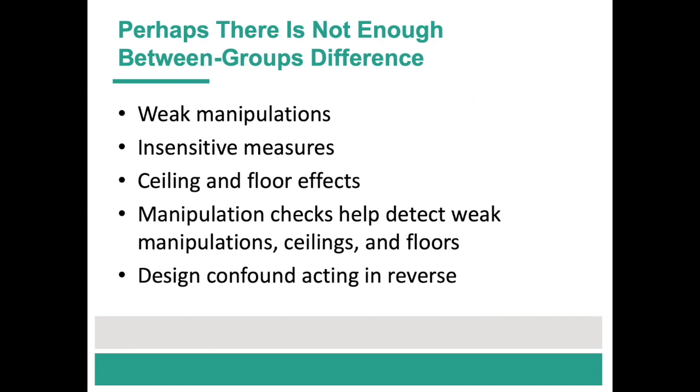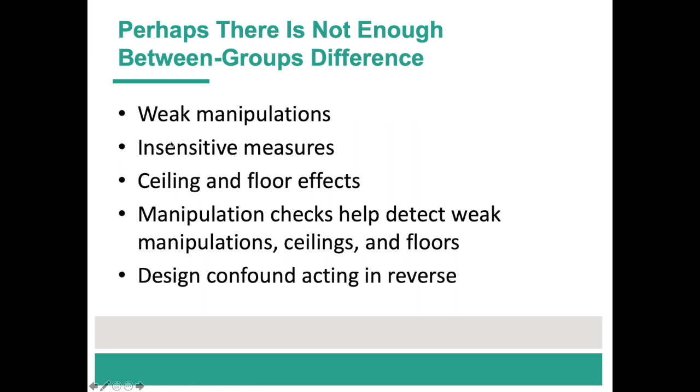So the idea that there might not be enough between groups differences, that could be because the manipulation was just too weak. So maybe if you're looking at the effect of fear on charitable giving, maybe you didn't make them scared enough. Maybe they just didn't feel scared.